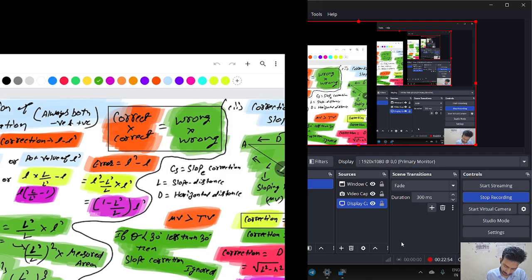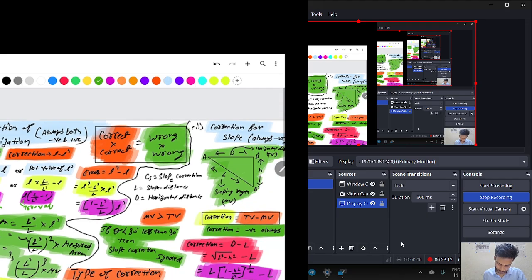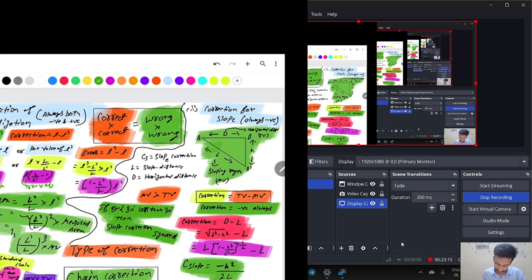Here is the original length, which is the true value. Here is the measured value. Both are correct. There is an error.